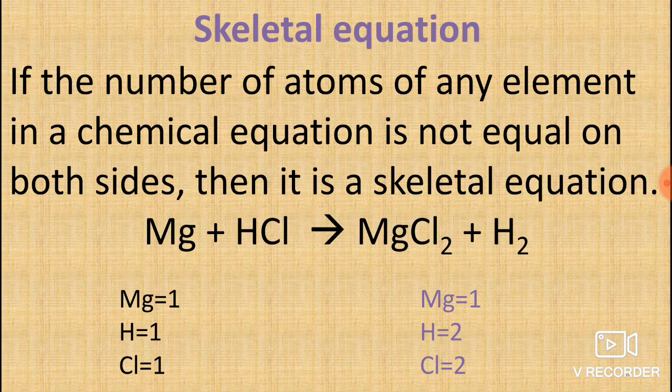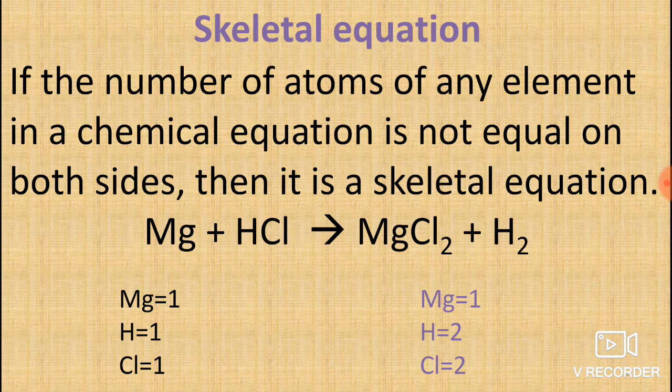Okay, now next we are going to discuss the skeletal equation and the balanced equation. The other name for skeletal is unbalanced equation. See the definition: if the number of atoms of any element in a chemical equation is not equal on both sides, then it is a skeletal equation.